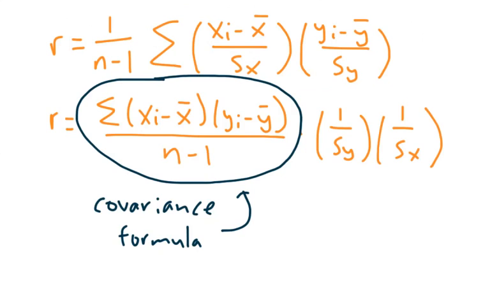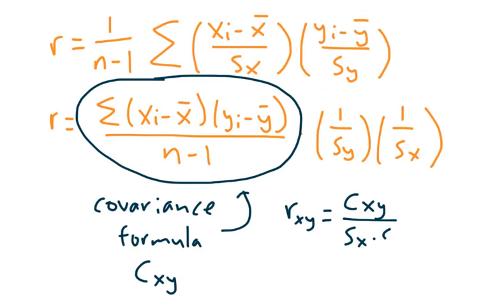And the symbol for covariance is C, or specifically Cxy. The other way you might see this formula written, and I think it was how it was written in one of my psychology statistics classes, is: the correlation between variables x and y is equal to the covariance divided by Sx times Sy.